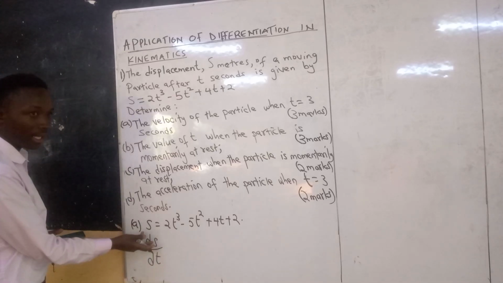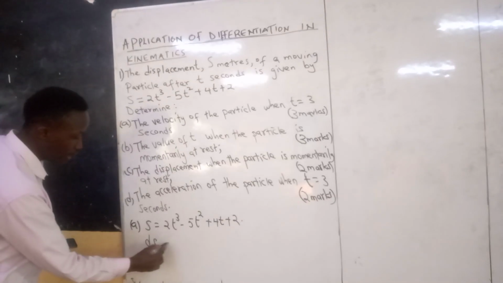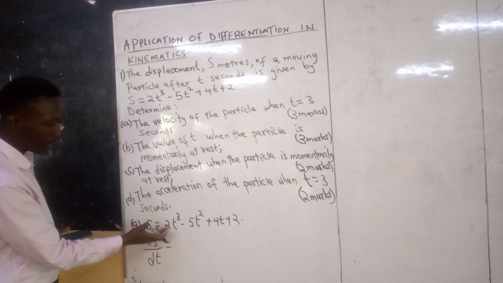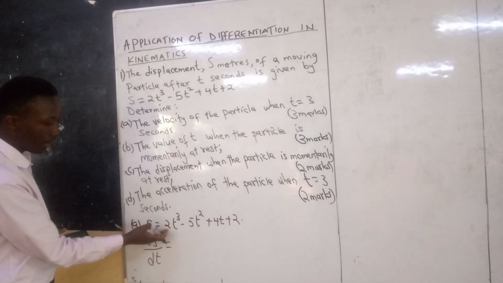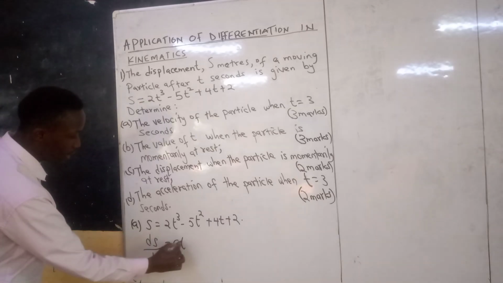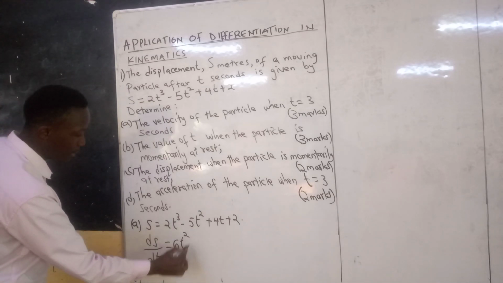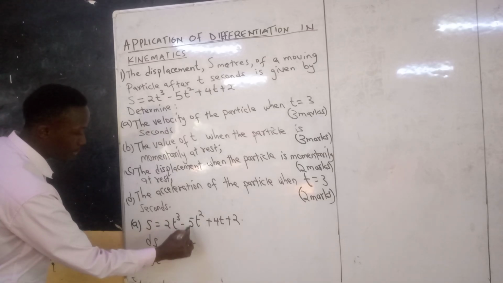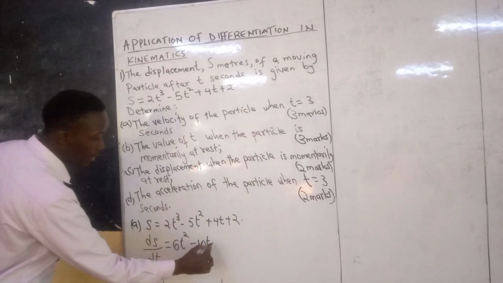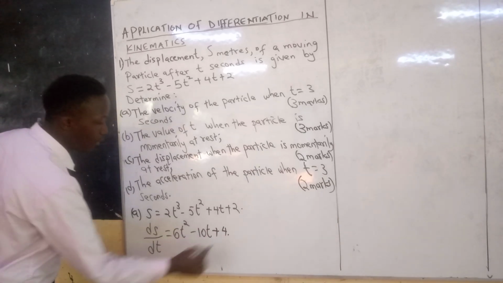We differentiate s with respect to t. Remember the concept of differentiation: we take the power and multiply it with our first coefficient. That will give us 6t, then the power reduces by 1. The same with this one, 2 times 5 will give you 10, then the power of t reduces by 1, then plus 4.